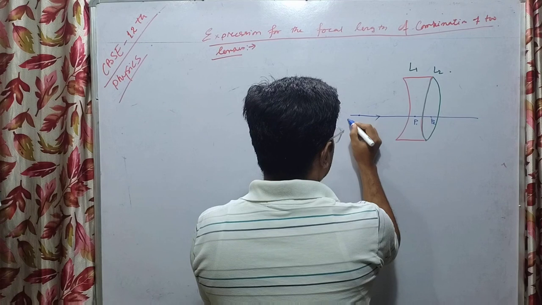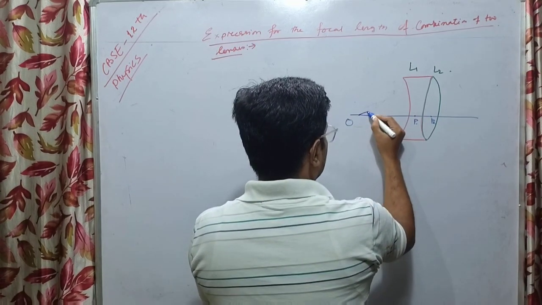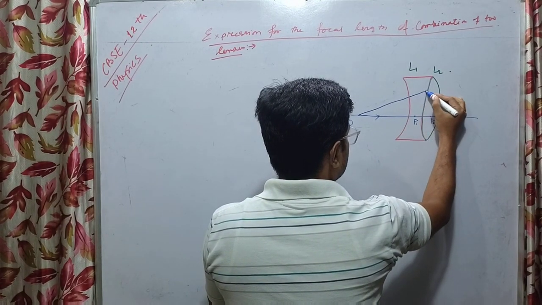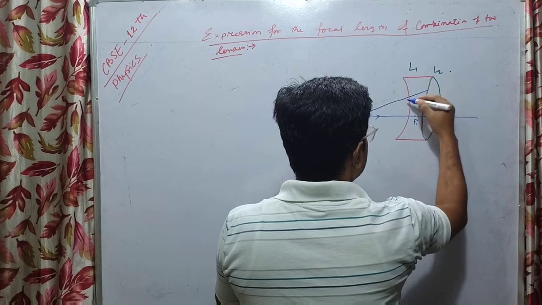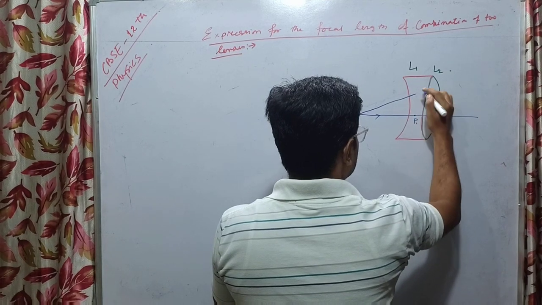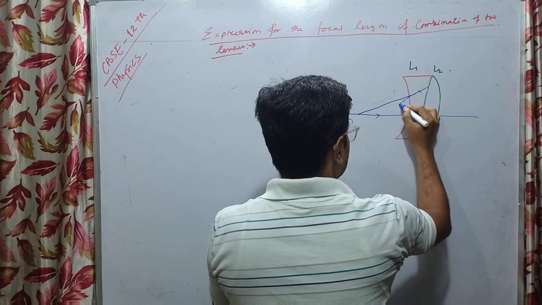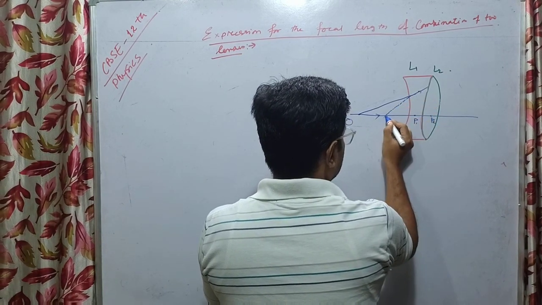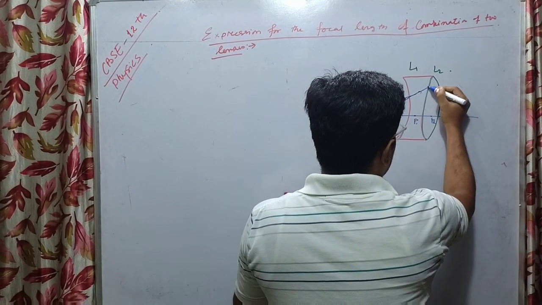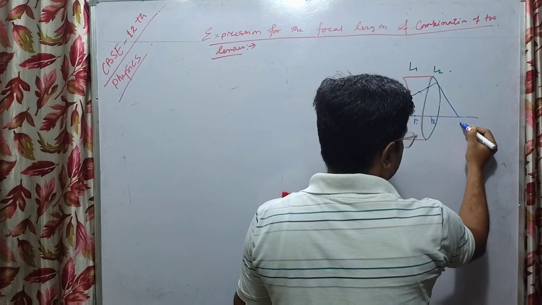Suppose an object is at point O. This ray will be incident at this point and refracted somehow, and the refracted ray is produced to this point. There is an image O1 at the surface. This will again be refracted like this.